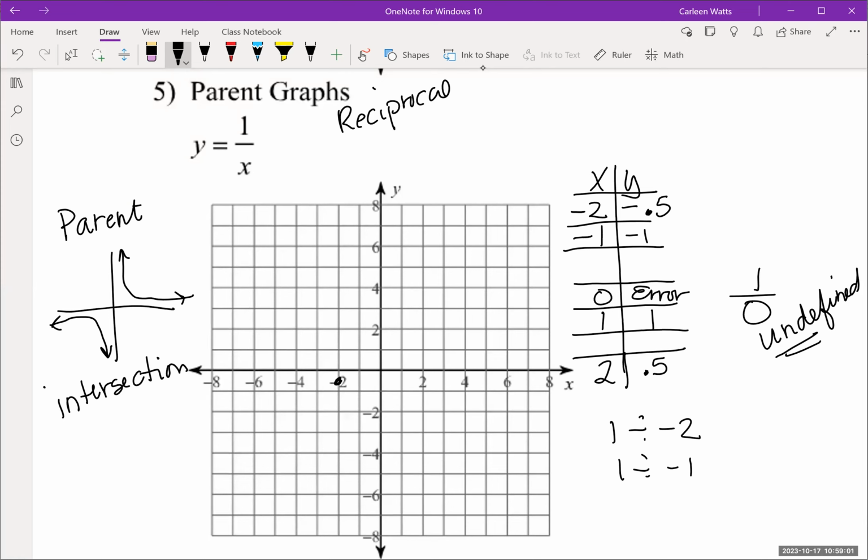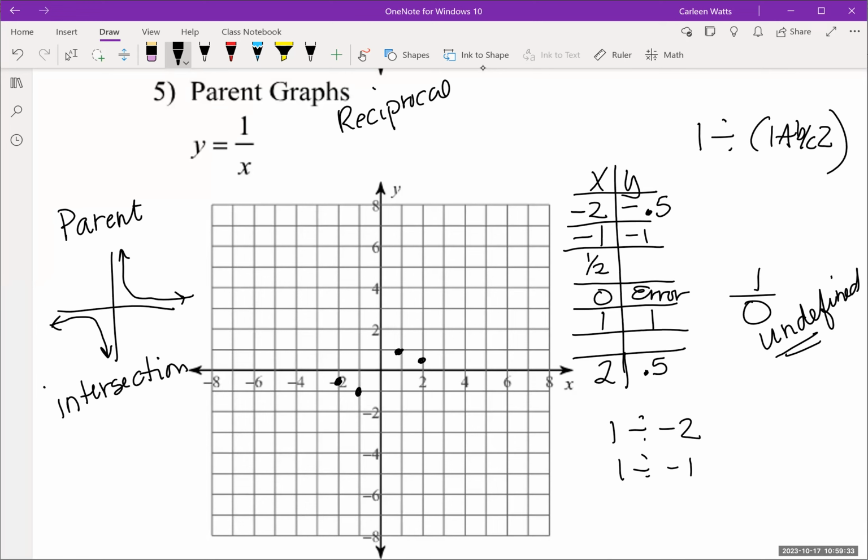-2 is -0.5. -1 is -1. 1 is 1 and 2 is 0.5. Okay. We're not getting the whole shape. So let's plug in 1/2. So now we're going 1 divided by 1/2.